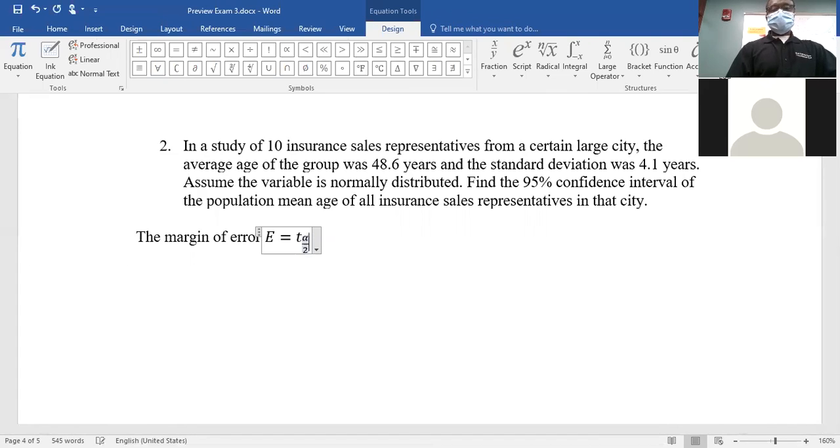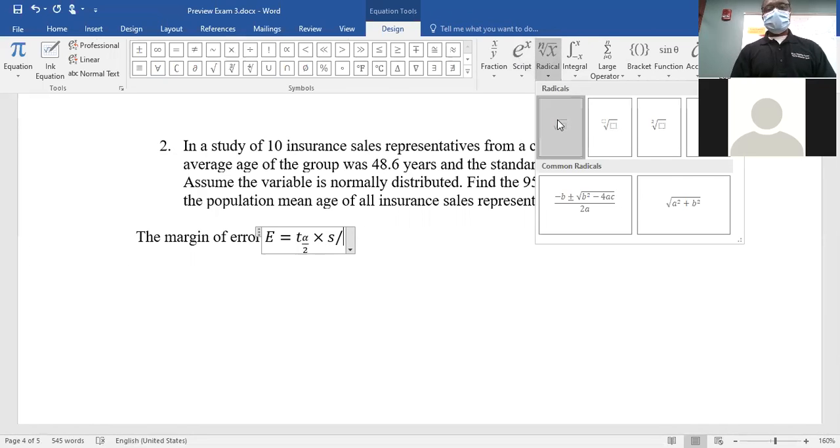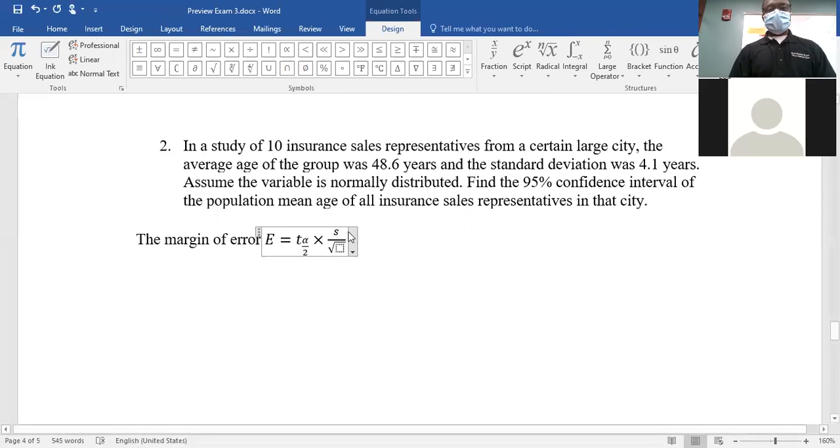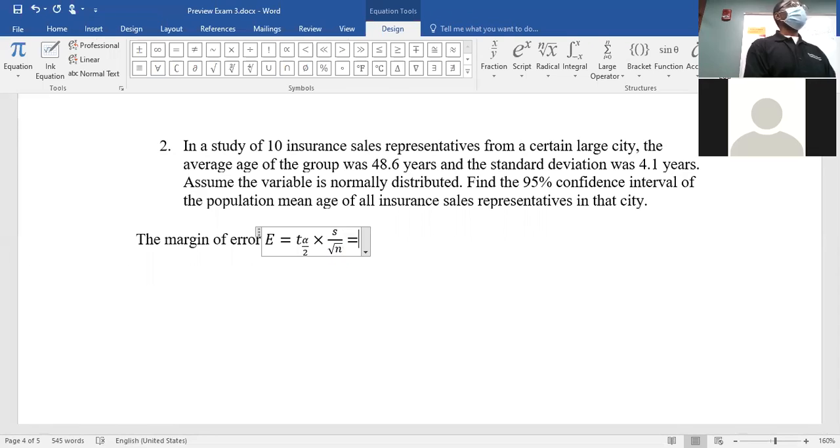So we find the critical value. Can you read the critical value? Times S over square root of n. I'm typing this just for you to know. You don't have to write it.